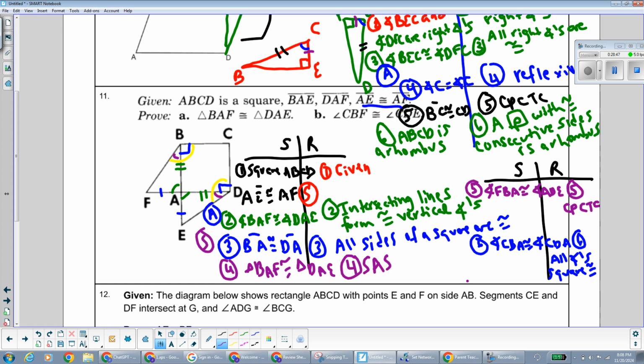So now we can do our addition. Angle FBA plus angle CBA. And that gives us the angle that we want, angle CBF.